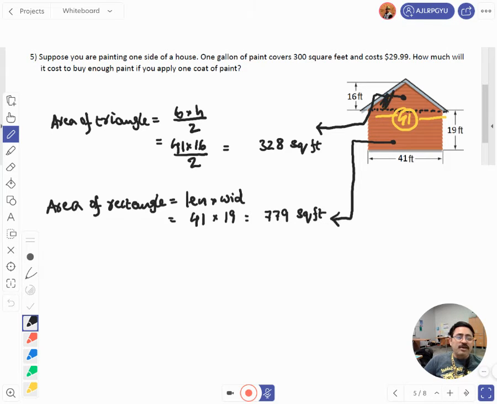Now, if you want to paint the triangular part and the rectangular part, you have to compute both the areas separately, then you have to sum up.